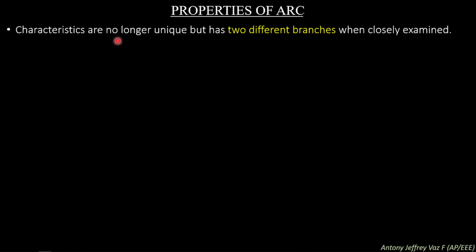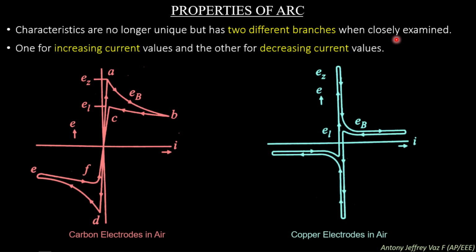The characteristics are no longer unique but have two different branches when closely examined. We are taking the same figure here. When these figures are examined, we can see there are two different branches present in the two figures.